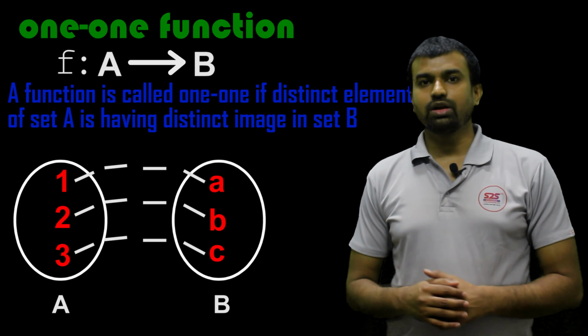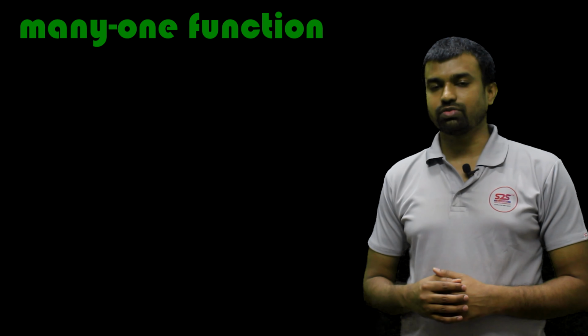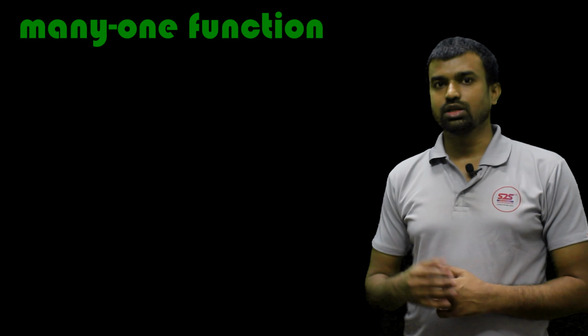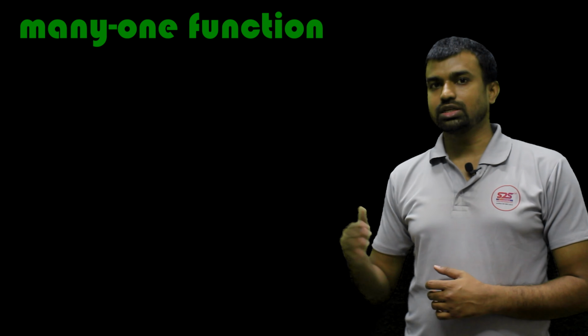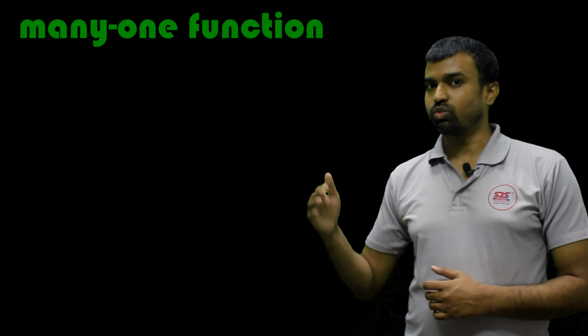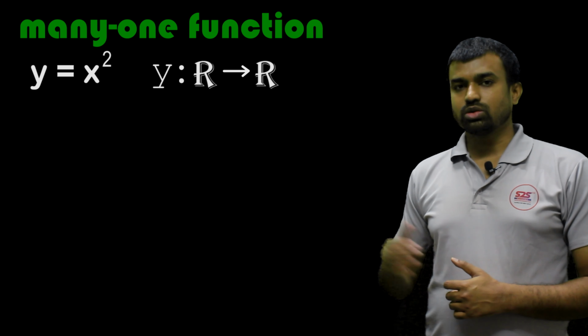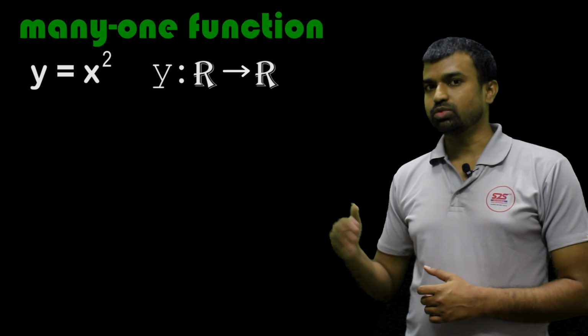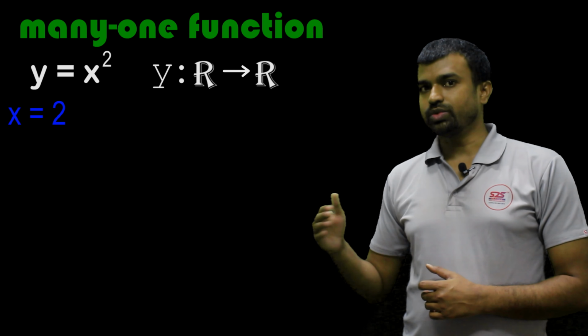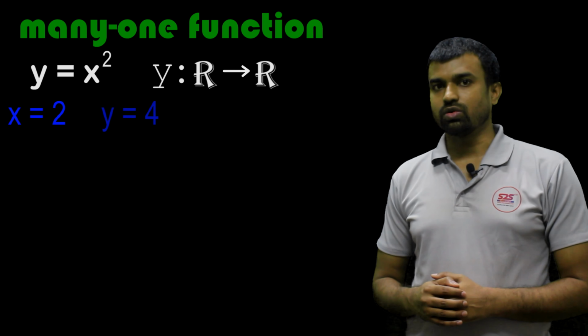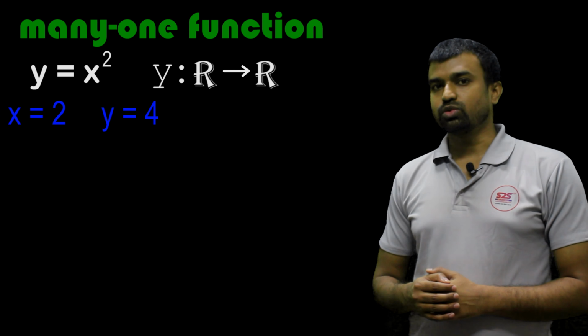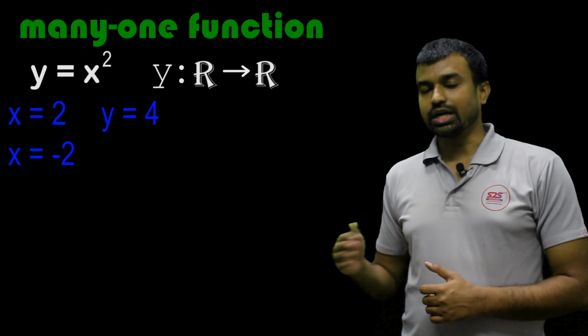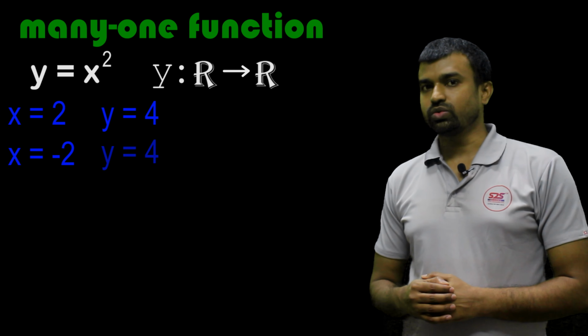Now what about those functions which are not one-one? Let's take an example of a function which is not one-one. If I say a function is y equal to x square defined from R to R. In this case, if you put x equal to 2, you will get y equal to 4. As well as if you put x equal to minus 2, again you will get y equal to 4.